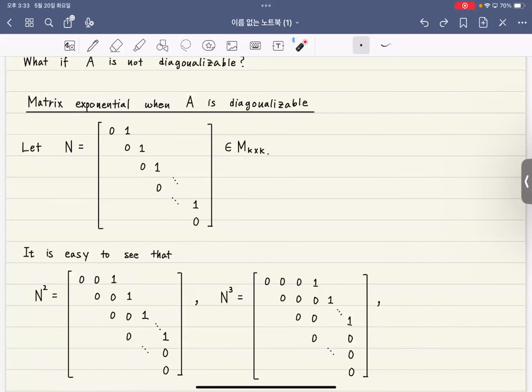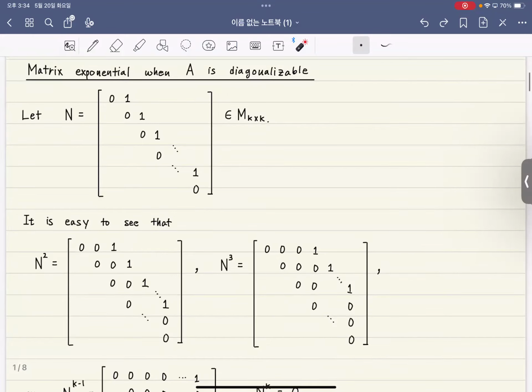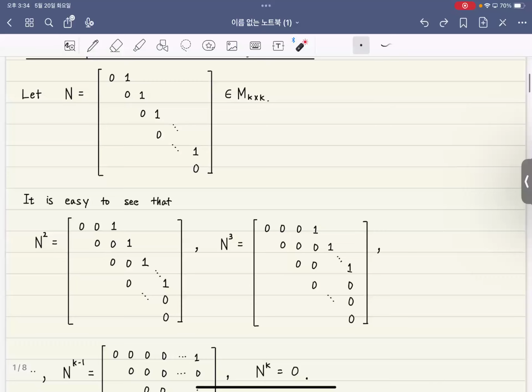To discuss the matrix exponential of a non-diagonalizable matrix, first I want you to focus on this matrix N. This one looks like a k by k Jordan block, a single Jordan block, whose eigenvalue equals 0.